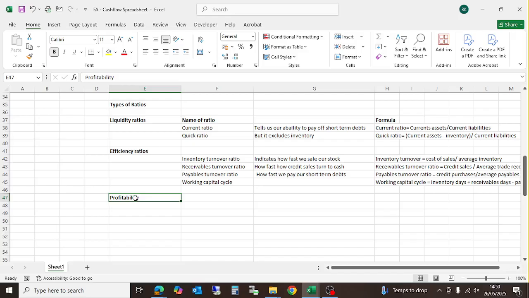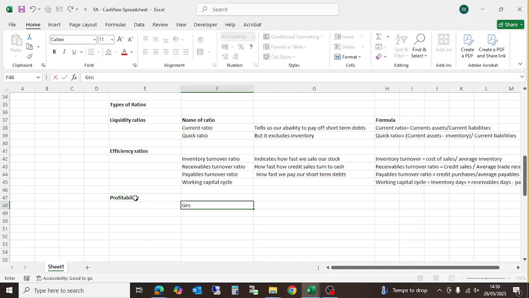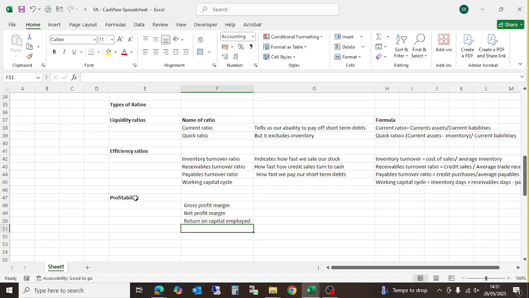Examples of profitability ratios are the gross profit margin, the net profit margin, and the return on capital employed.